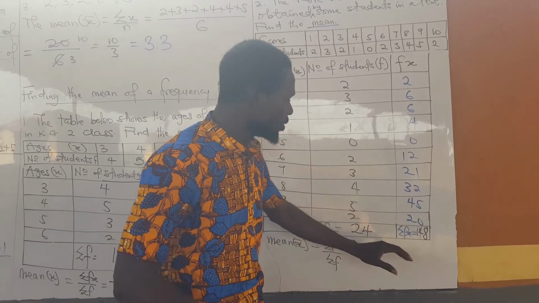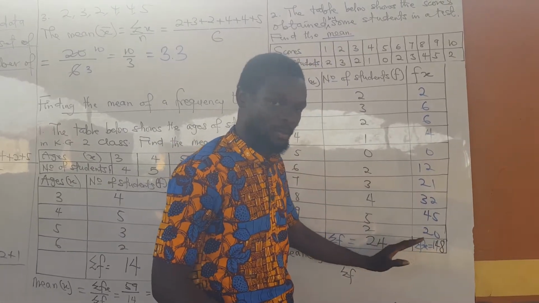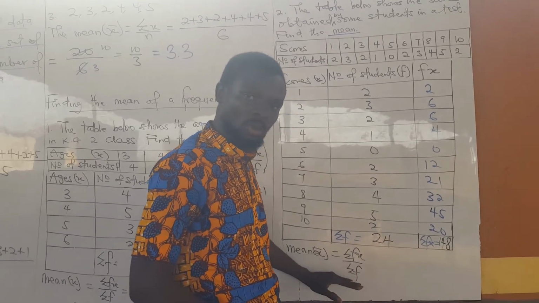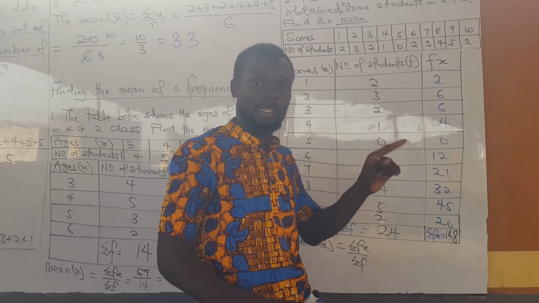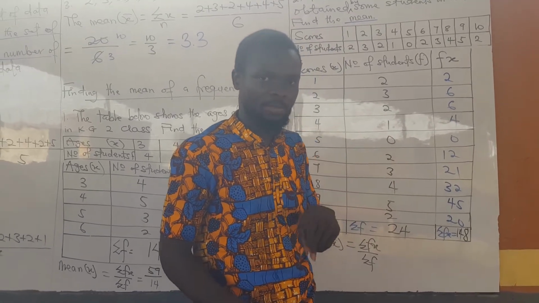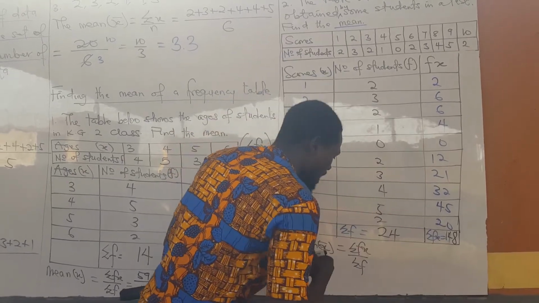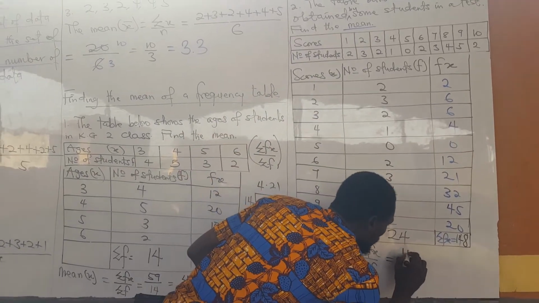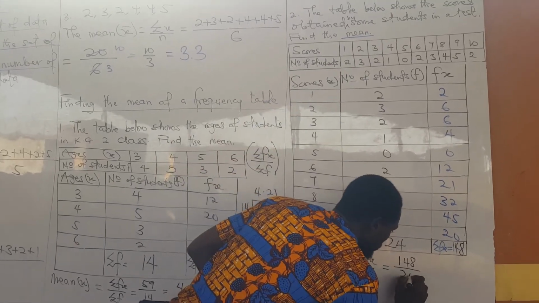Good. Now that we have our sigma Fx and sigma F, we can find the mean using this formula, because the mean is sigma Fx over sigma F. So from our table, sigma Fx is 148 over sigma F, 24.